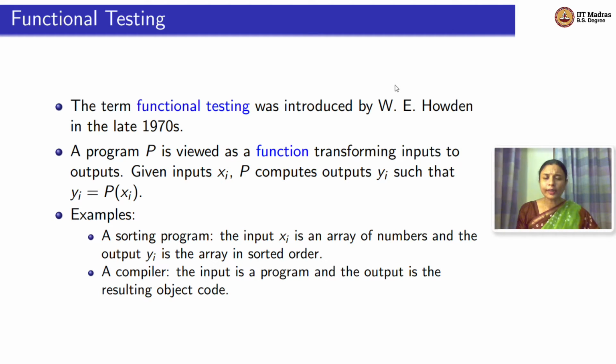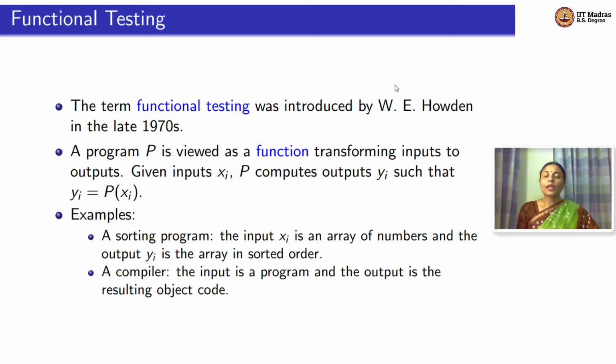The idea in functional testing is to test for functional requirements by viewing the program as a function that takes inputs and transforms these inputs by producing outputs. So a program takes inputs, let's say xi, executes, and the outputs that it produces, let's call them yi. So the program can be thought of as a function that maps the inputs xi to yi. So yi is nothing but P executed on xi. yi is P of xi.